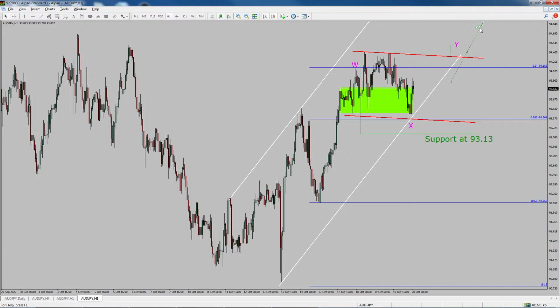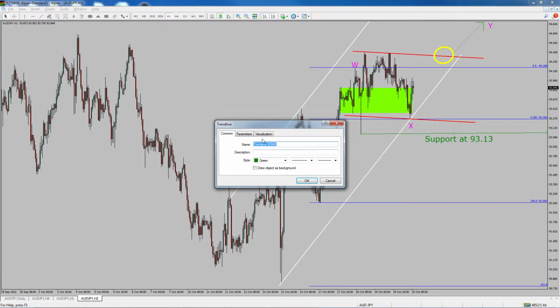Okay, so once we see a nice bullish breakout of this red color sideways looking trend channel, then maybe it's a good time to go long using money management.